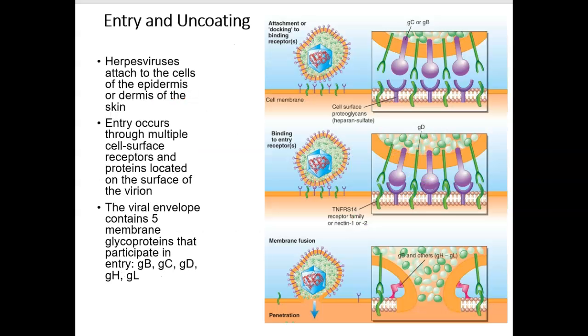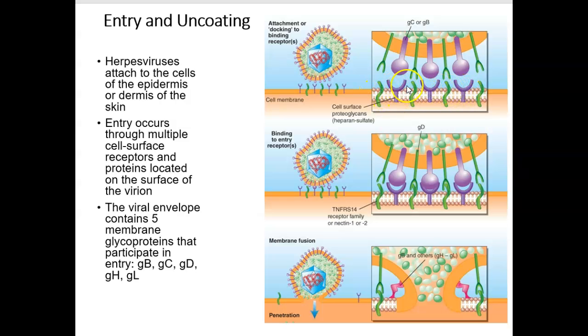So how do herpes viruses enter the cell? Well, in this illustration, walking through it, we've got several different glycoproteins, and these are GB, GC, GD, GH, GL. So that's glycoprotein B, D, C, H, and L. They're going to bind to multiple receptors and co-receptors at the surface.